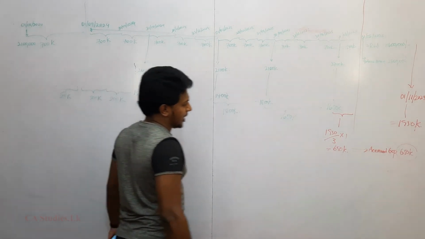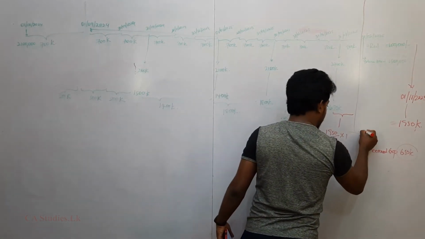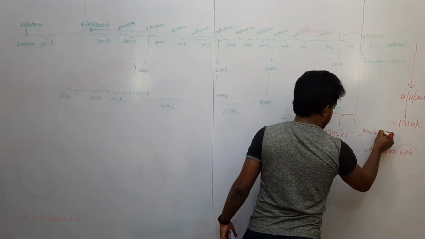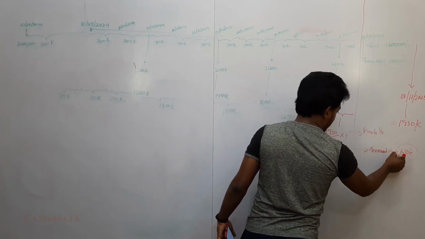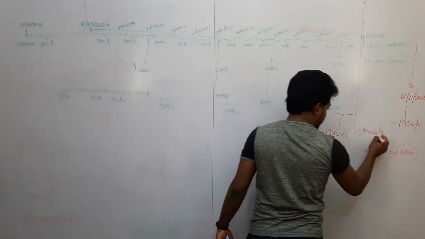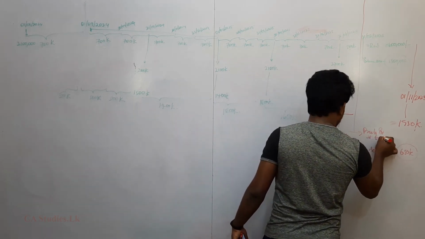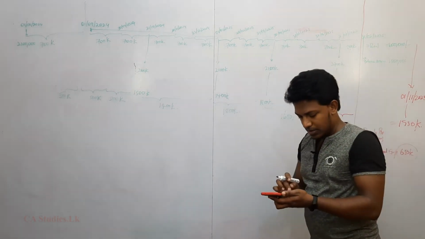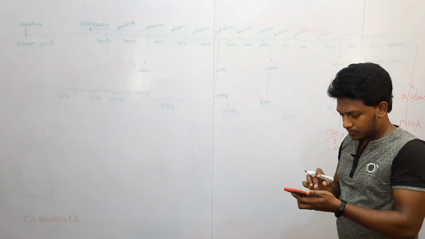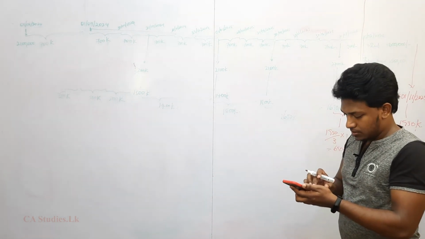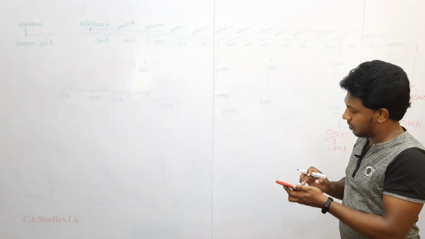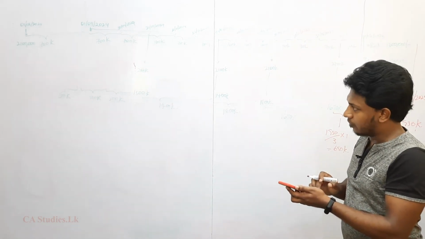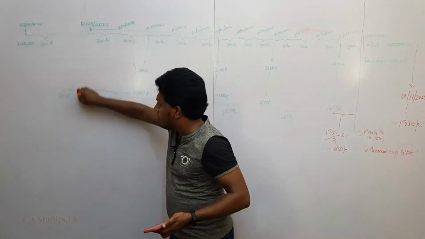Fourth one is rent expense. Sorry, printing and stationery expense. So this is accrued expense. Accrued expense means liability. Printing and stationery expense, total of these: 500, 1,400. We cannot take this 500, right?